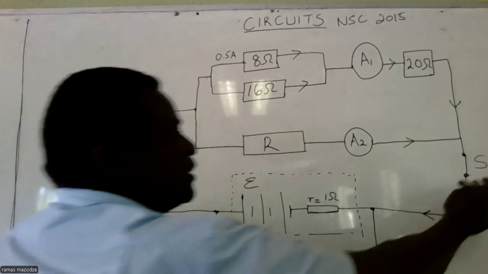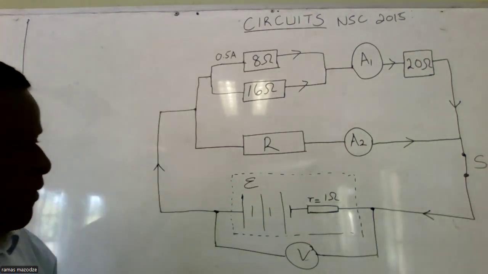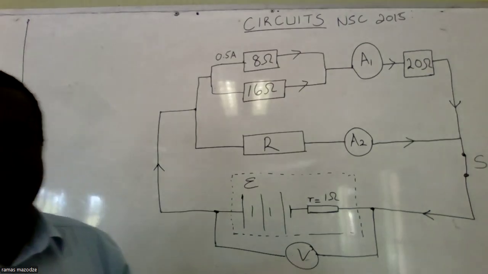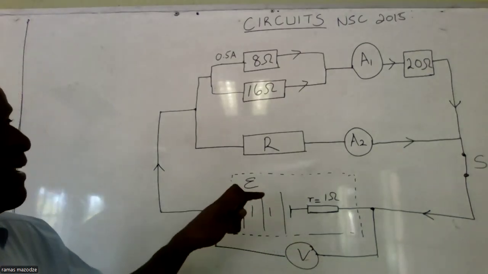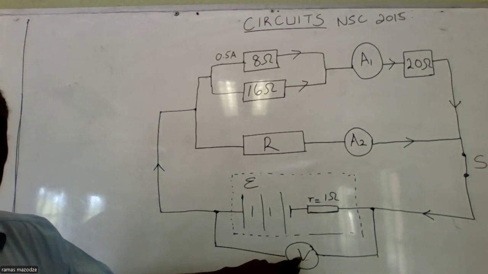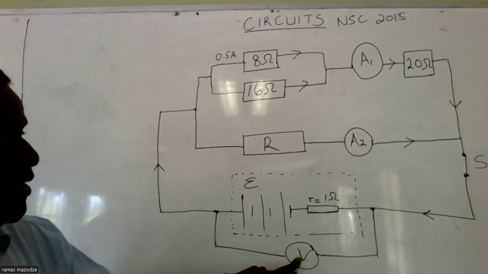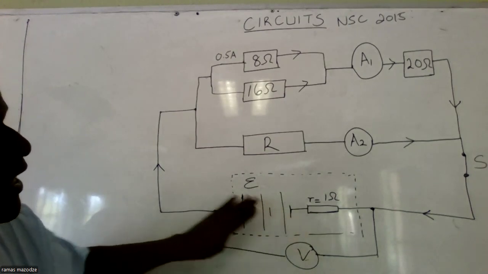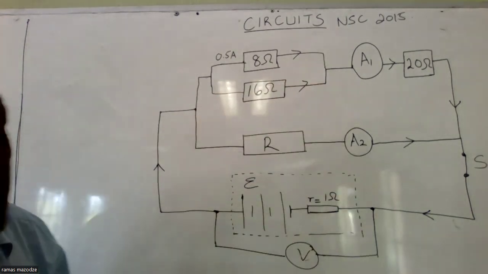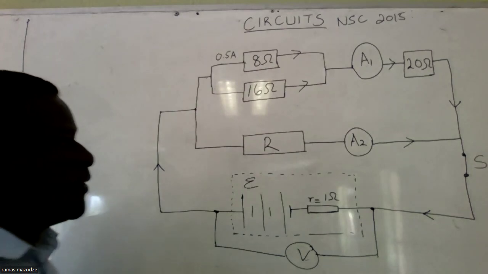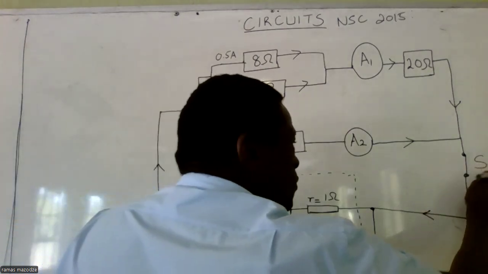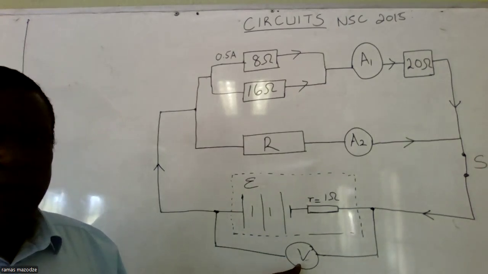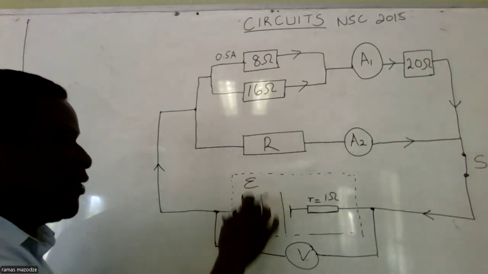So when the switch is closed, the voltmeter reads what we call V terminal or V load. It is the energy per coulomb that you need to push the current to the external circuit. And also when the switch is open, it will give you the EMF of the battery, which is unknown.